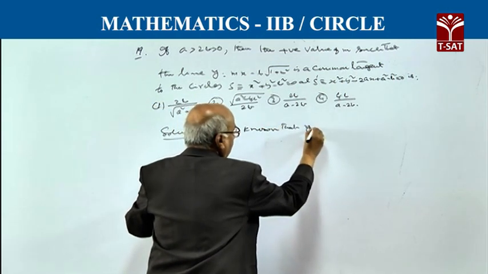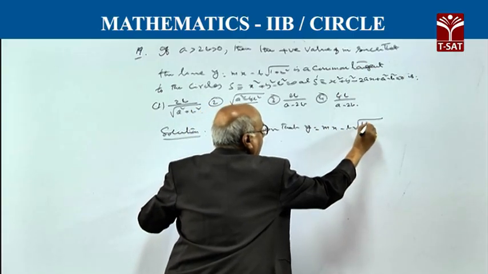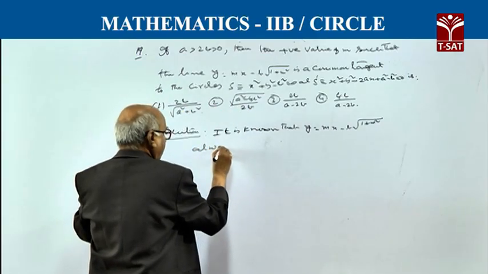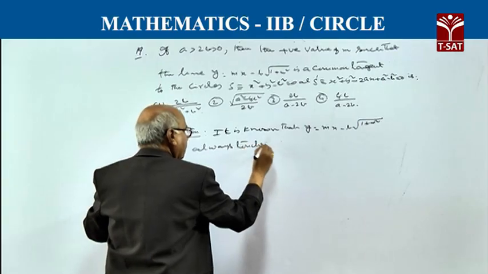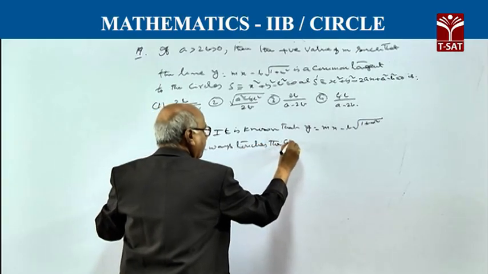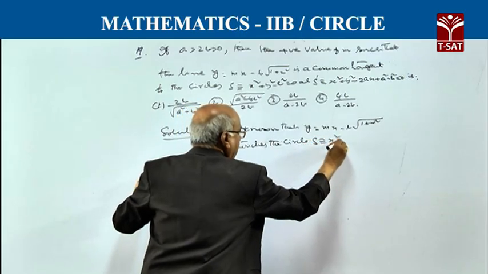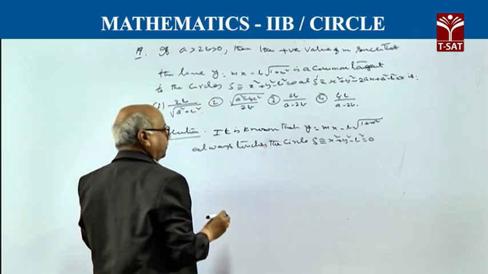it is known that y is equal to mx minus b into root over 1 plus m square always touches the circle S is equal to x square plus y square minus b square equal to 0.